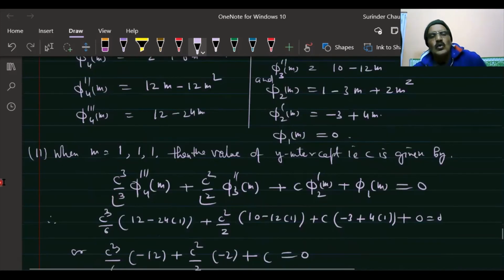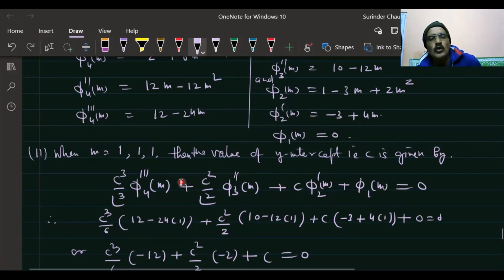Now the slope m is repeated 3 times. The value of the y-intercept will be given by the equation c cubed by 3 factorial phi 4 third derivative of m plus c squared by 2 factorial phi 3 of m second order derivative plus c into phi 2 of m first order derivative plus phi 1 of m into 0.